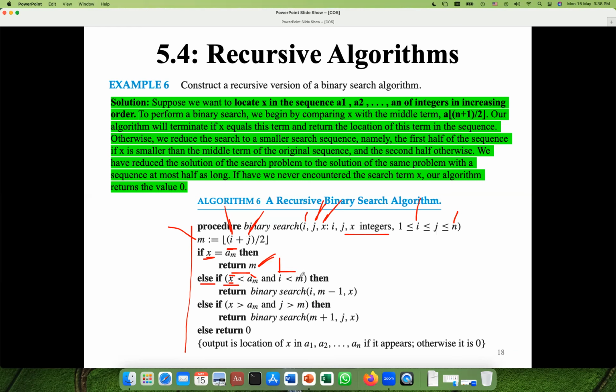Now this is M. This is, for example, I. This is J. And here I am searching for this X. If it is equal, then return that M. If it is less than M, then your element would be on that side. If X is greater than M, then your element would be on the other side. This is what that condition is saying.